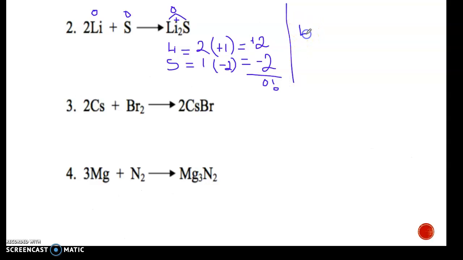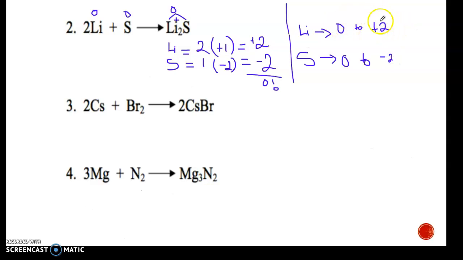So Li is going from 0 to plus 2. And then S is going from 0 to negative 2.